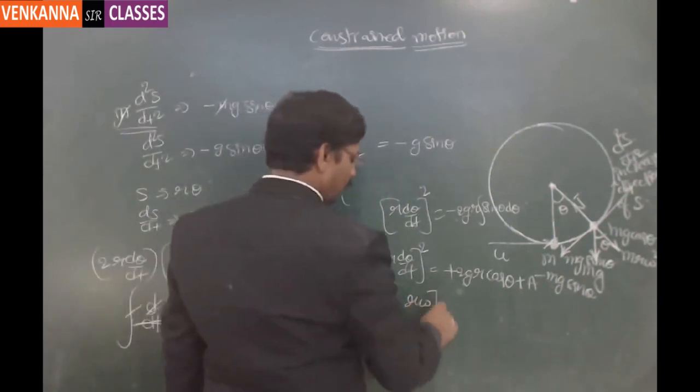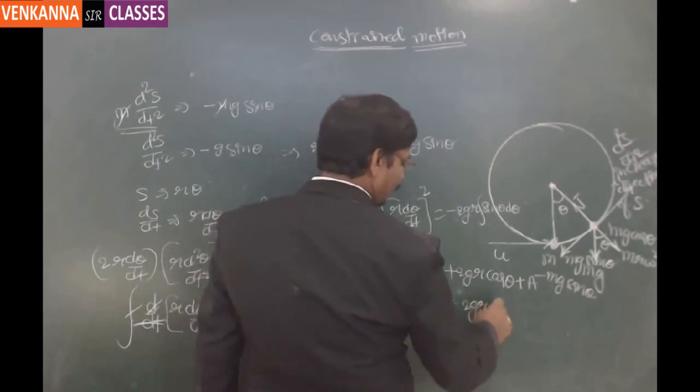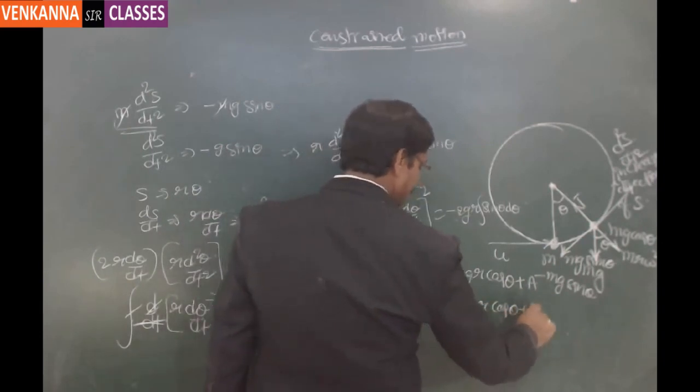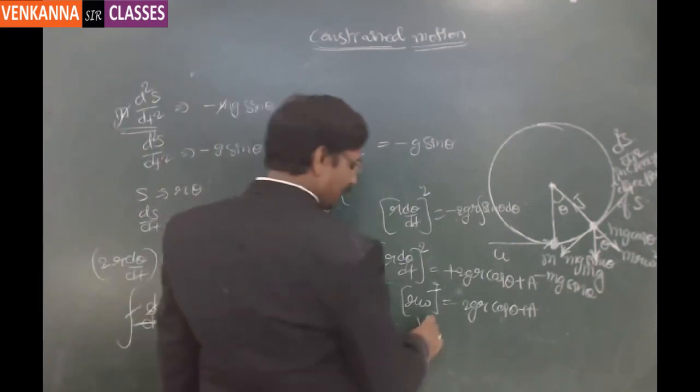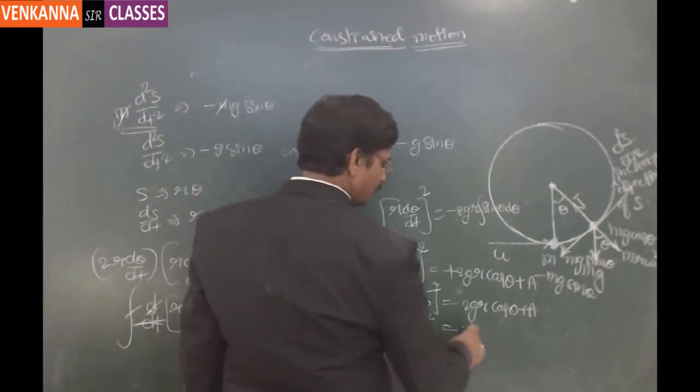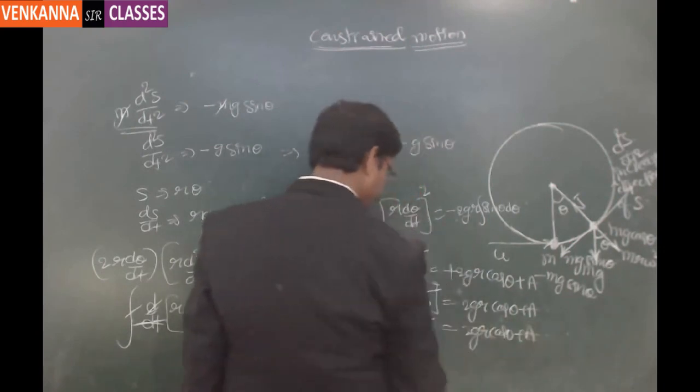So (r omega) whole square is equal to 2gr cos theta plus A. And r omega you can call the linear velocity, so v square is equal to 2gr cos theta plus A.